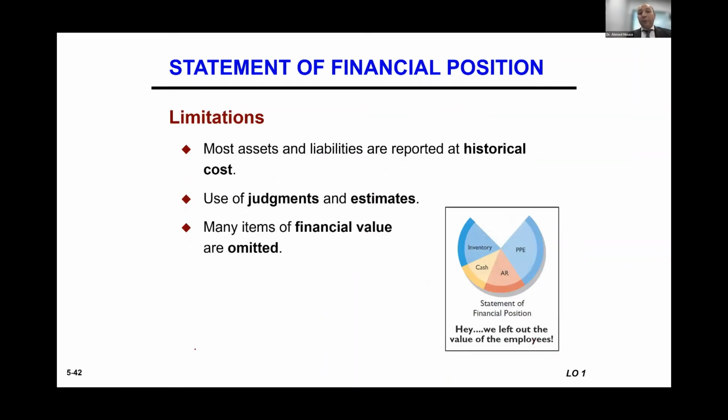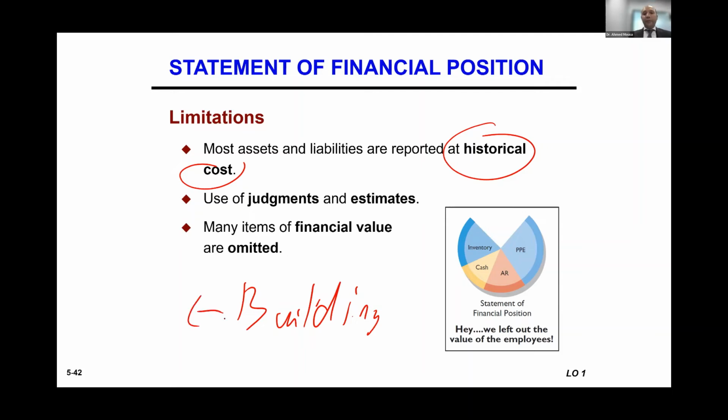The limitation of the statement of financial position, or balance sheet, is that the information on the assets and the liabilities is historical. So if you have a building, or the store where you keep the medicine, that you purchased at a cost of $1 million, after 5 years its value will for sure not be $1 million.